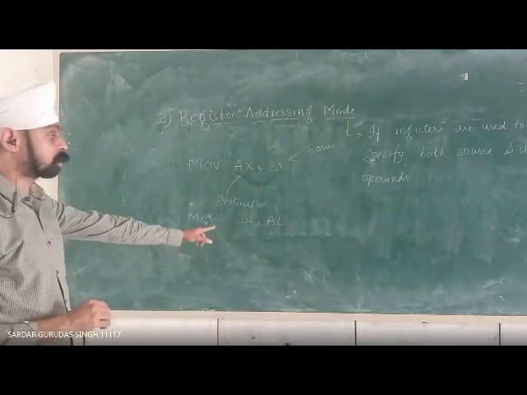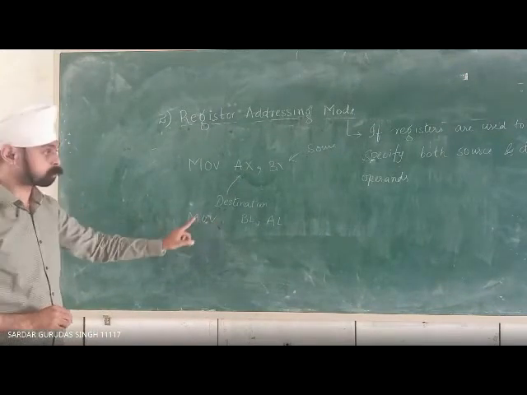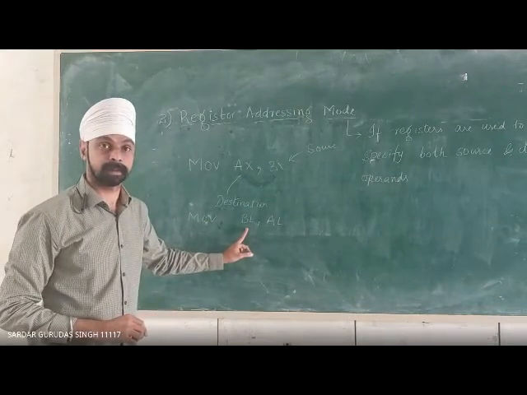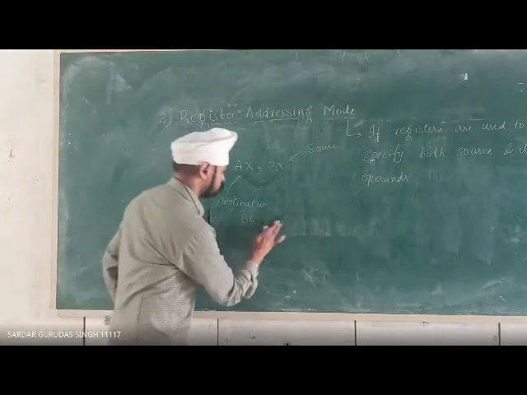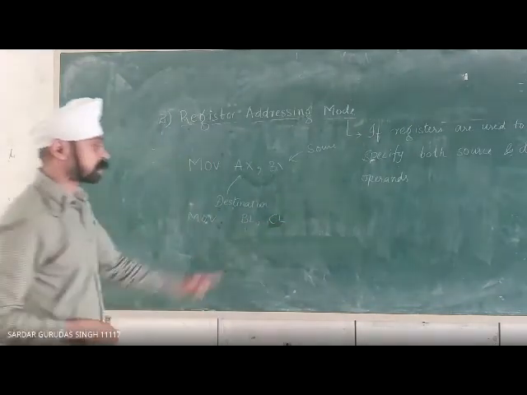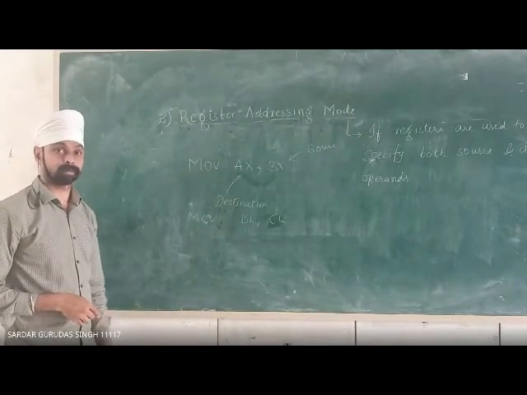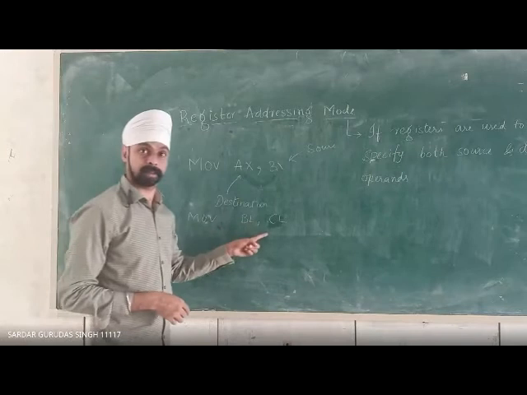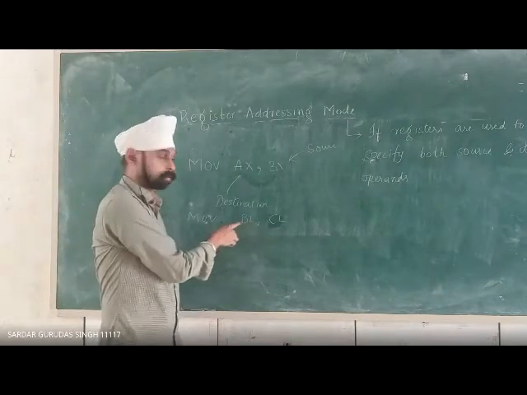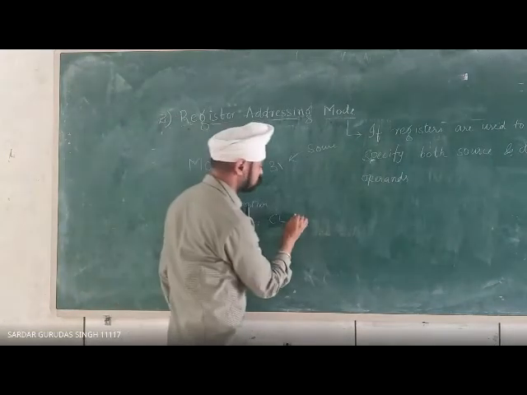Okay. So if I write like this, is this correct or wrong? Correct. Is this correct? Yes, sir. Very good. MOV BL, CL. Is this correct or wrong? Correct. What will this instruction do?